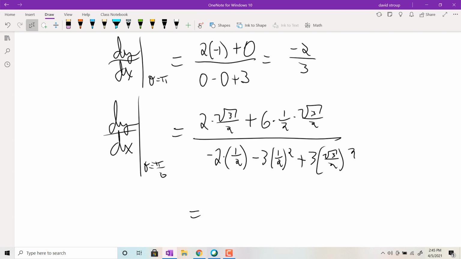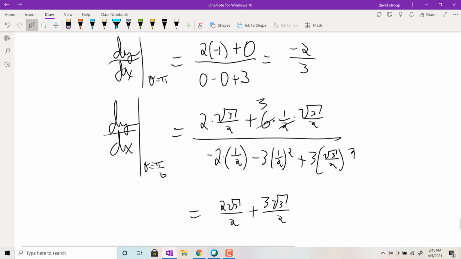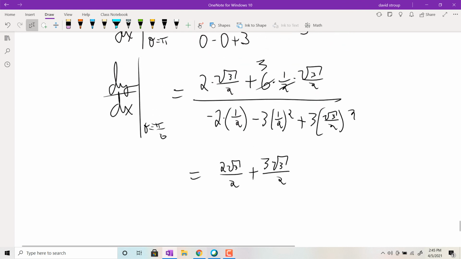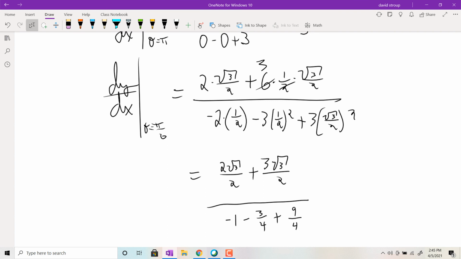That monstrous looking thing. So we're getting 2 √3s over 2 plus 3 √3s over 2 all over this will be -1 minus 3/4 plus radical 3 squared is 3, so 3 times 3 is 9 all over 4.